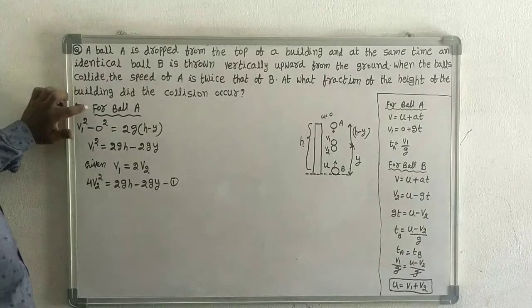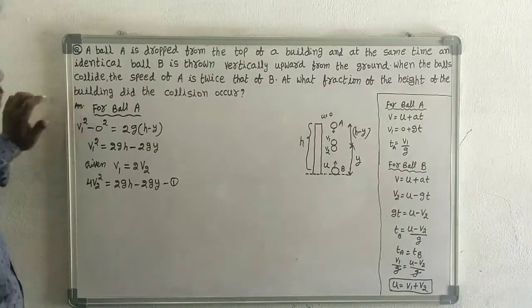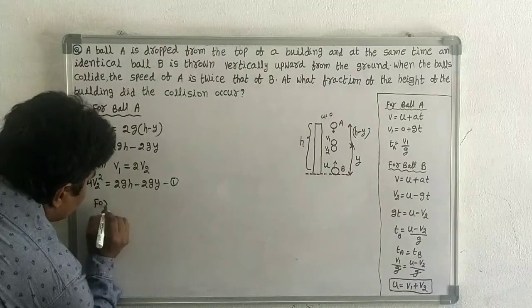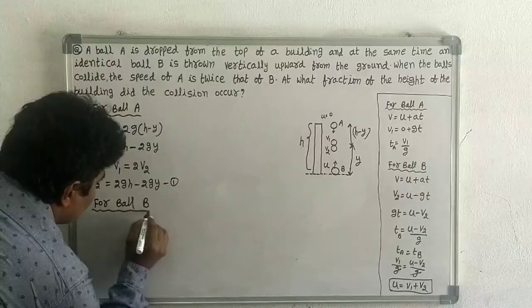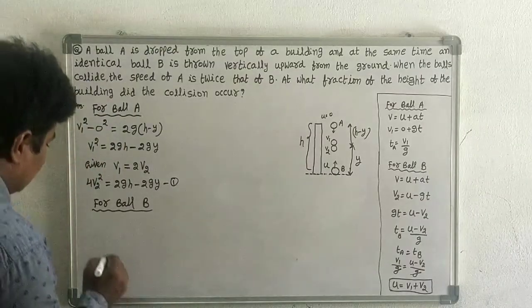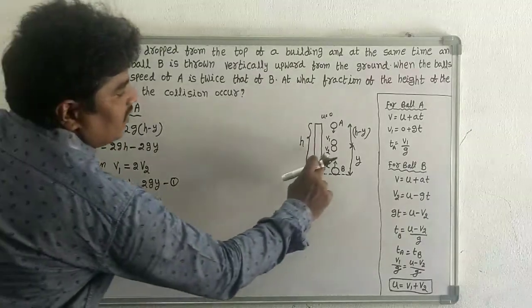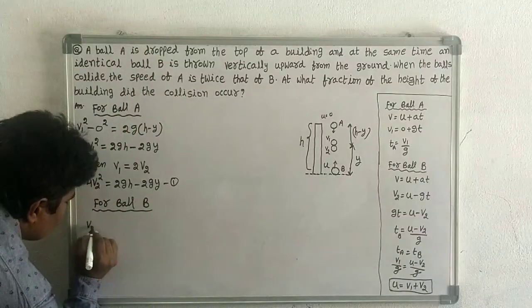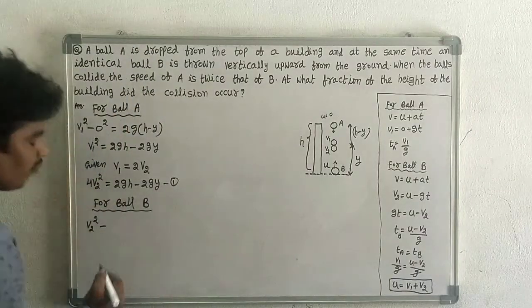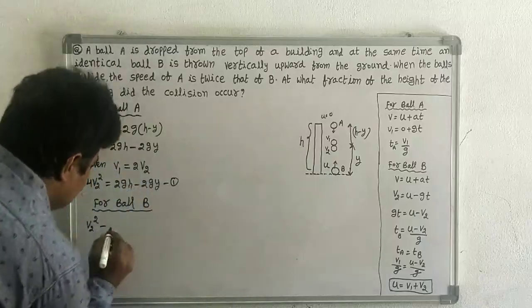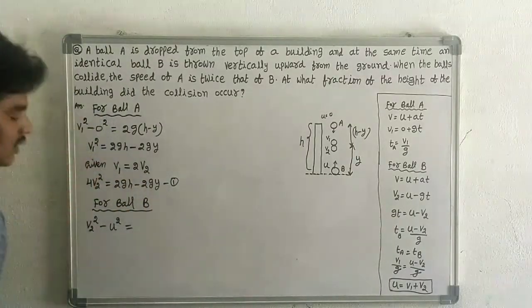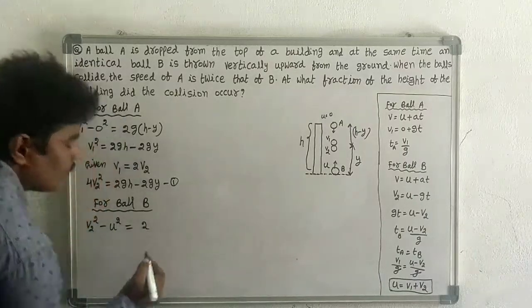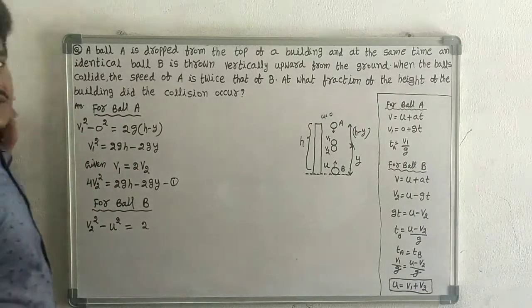Now we apply the third equation of motion for ball B. Final velocity v2, so v2 square minus initial velocity u square is equal to 2as, where a means minus g.